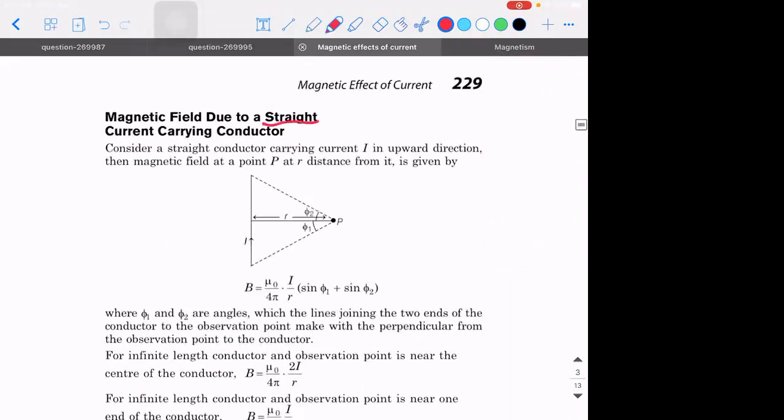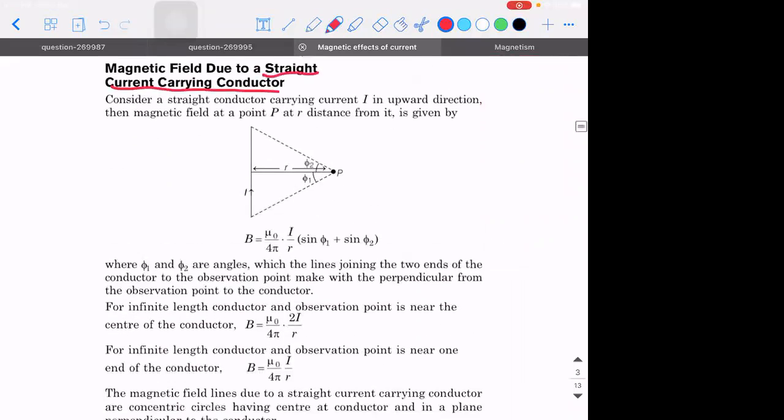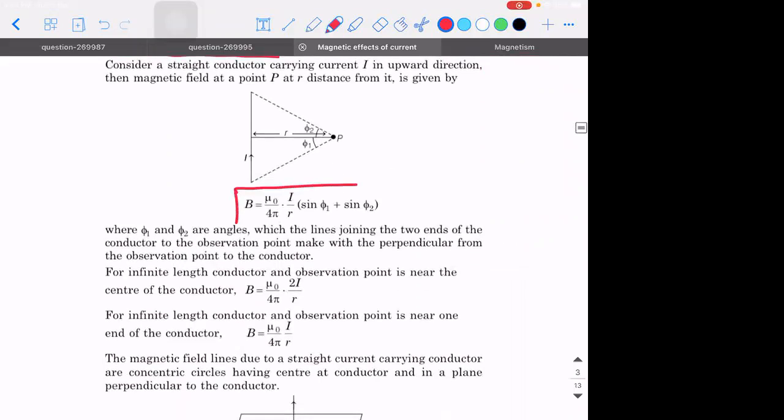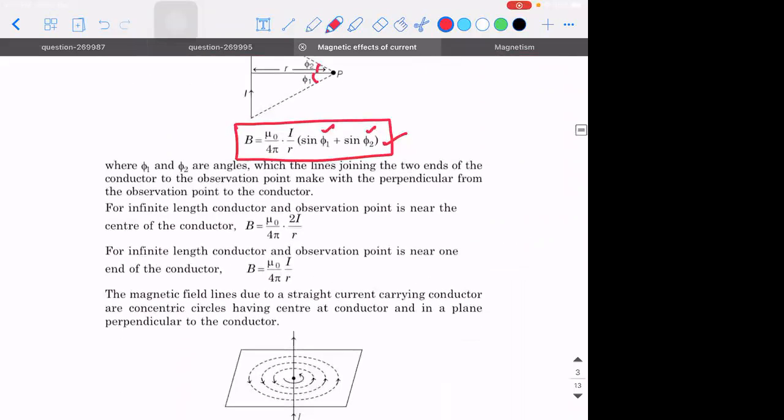Similarly, magnetic field due to a straight current carrying conductor is given by the formula B is equal to mu naught I divided by 4 pi r into sine of phi 1 plus sine of phi 2, where phi 1 and phi 2 are what? They are the angles subtended by the ends of the current carrying conductor at the point where you're trying to calculate the magnetic field, right?